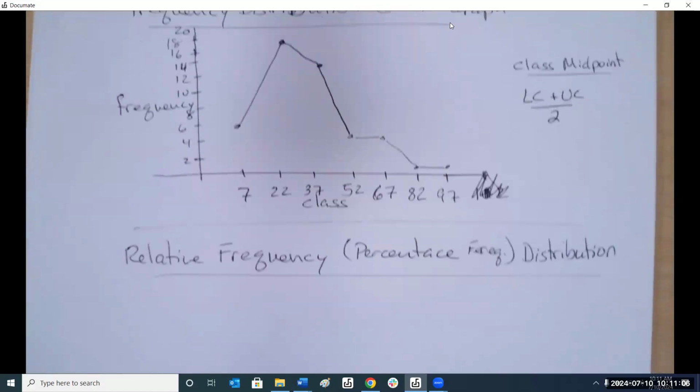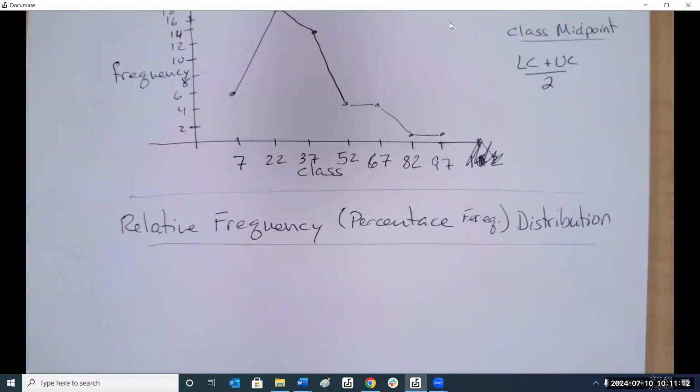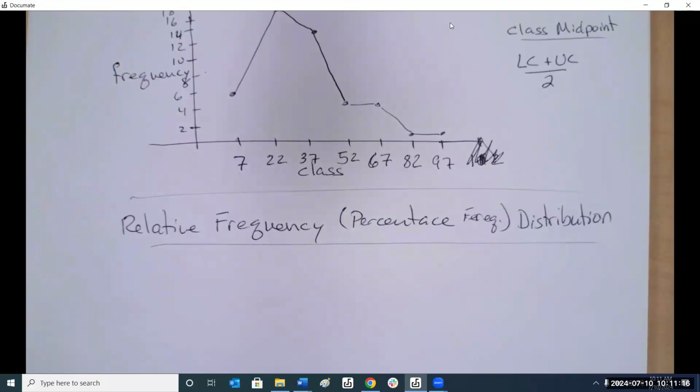Why is it called a distribution? Because we want to see how the data is distributed on our entire data set, on our graph. So that's why all these are distributions.